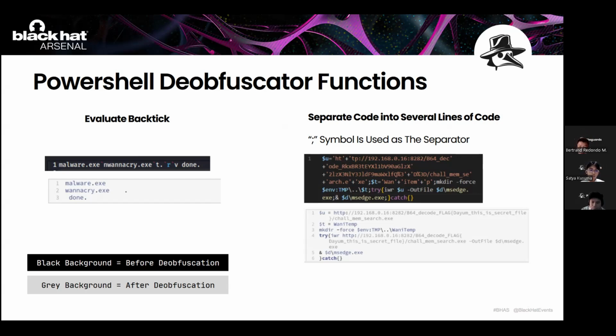The next one is to separate code into separate lines of code, where the semicolon symbol is used as the separator. As we can see in our sample, the code is only a 1-liner, so it's quite difficult to understand and read. Because there are several semicolon symbols inside the code, the application can process it and split it into multiple lines.